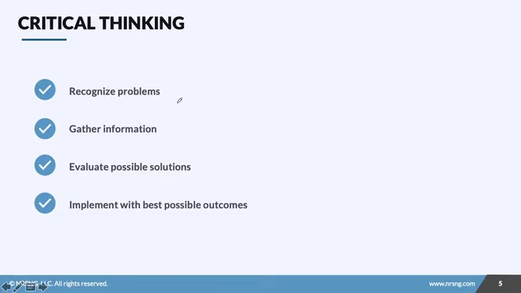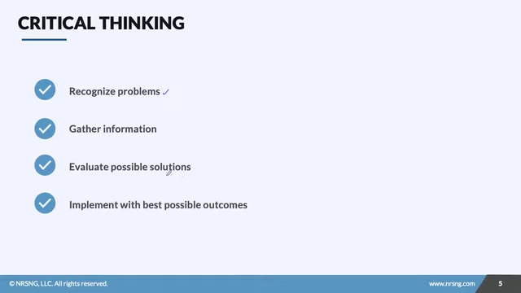We go into that a bit more. So critical thinking, what is critical thinking? And again, we have a whole lesson on critical thinking in module 5 of fundamentals. So make sure you check out the critical thinking lesson, but I'm going to give you a quick overview. With critical thinking, we're recognizing problems as quickly as possible. We're gathering all of our information as efficiently as we can.